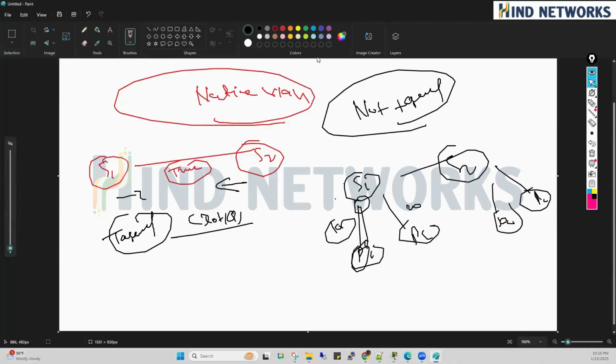That is fine. But for example, if these are two switches and they are using certain traffic only to check connectivity. For example, switch number 1 is sending some packet to switch number 2 to check whether switch number 2 is up or not, and switch number 2 is sending some traffic to switch number 1 to check whether switch number 1 is up or not, just to check connectivity.